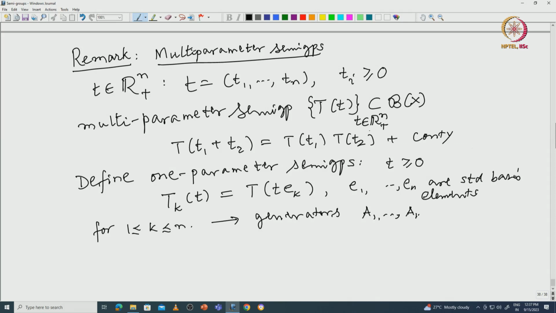Okay. So it's like going from one variable calculus to multivariable calculus. So if we take, for example, the translation semigroups, then we get all the partial derivatives.